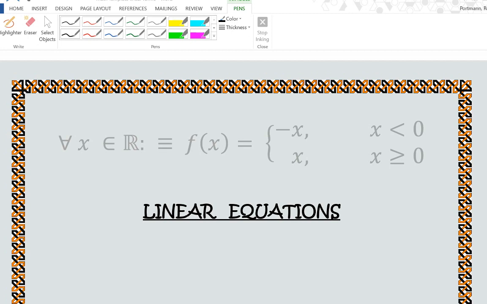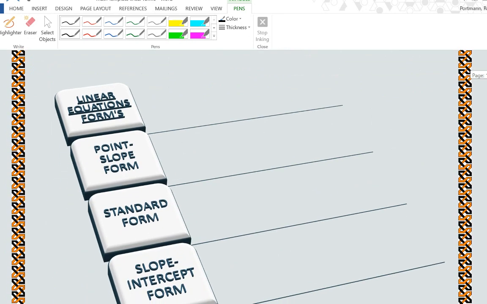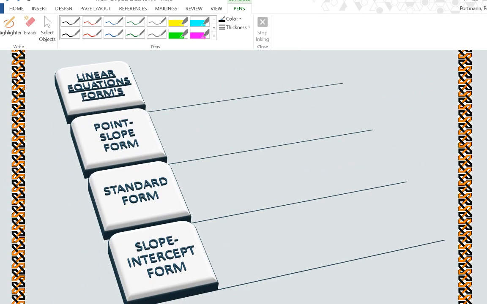There are different forms of linear equation that we are given, and we've got them all written down right here. These are three different forms. So we have the point slope form, which we don't even fool with in the 8th grade.